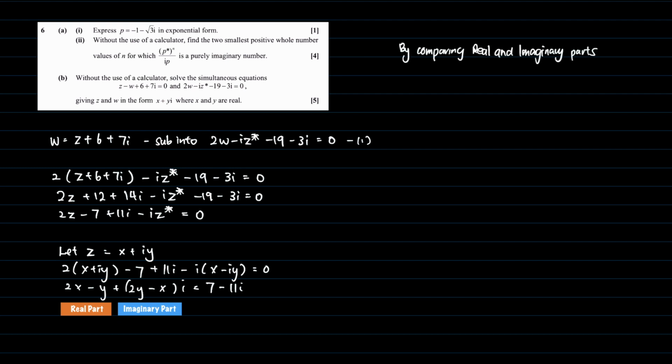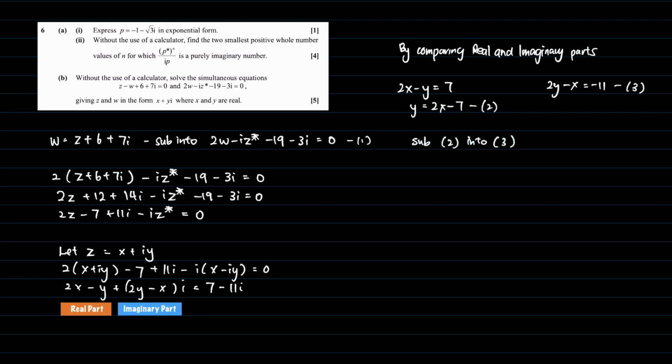So by comparing the real and imaginary parts, we will have 2x minus y equals to 7, so y equals 2x minus 7. Maybe we can put it as equation number 2 for this. And on the other side, 2y minus x equals to minus 11. So let's put this as equation number 3.